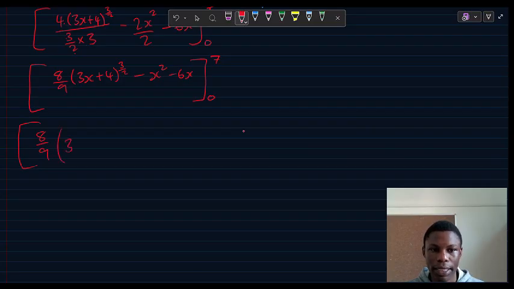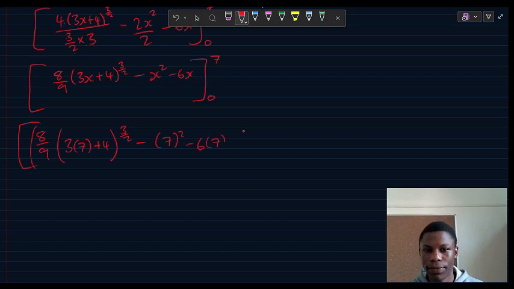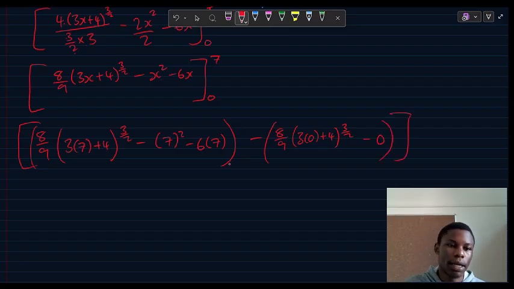So 8 over 9 times (3 times 7 plus 4) to the power of 3 over 2 minus 7 squared minus 6 times 7. And then the lower limit as well. So that's 8 over 9 times (3 times 0 plus 4) to the power of 3 over 2 minus 0 squared minus 6 times 0. So that's just 0 minus 0 there.